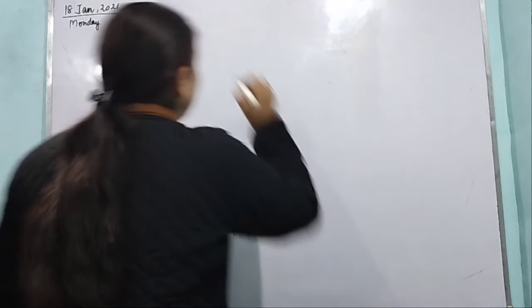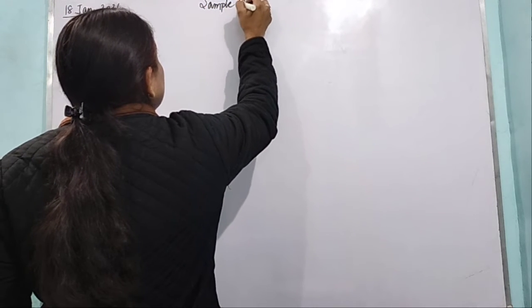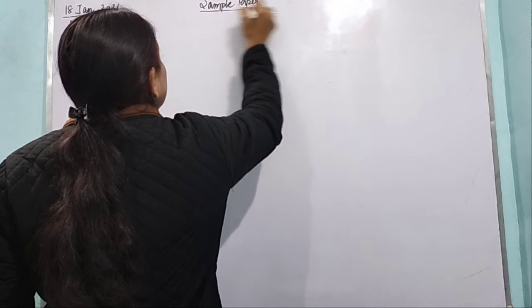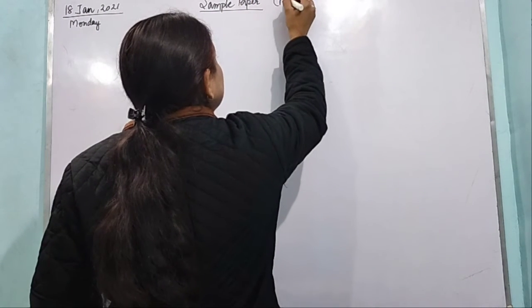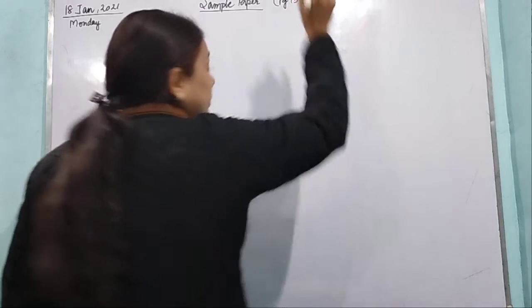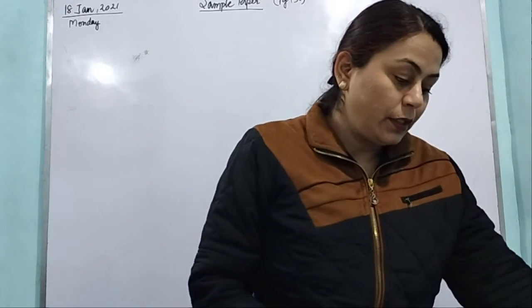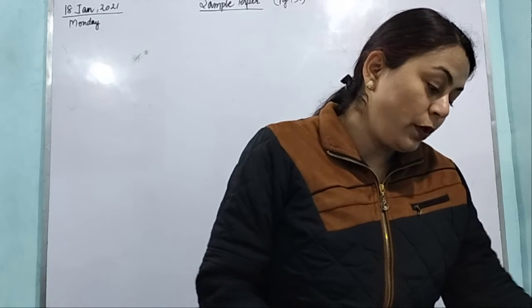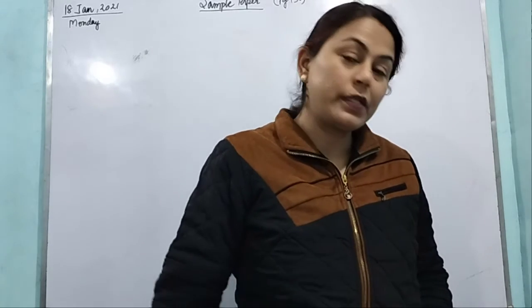Yes, so this is the second term sample paper, page 130. Now we will start. Write as given in the example. You want someone to open the window for you. So how will you ask? So the first one is done for you.